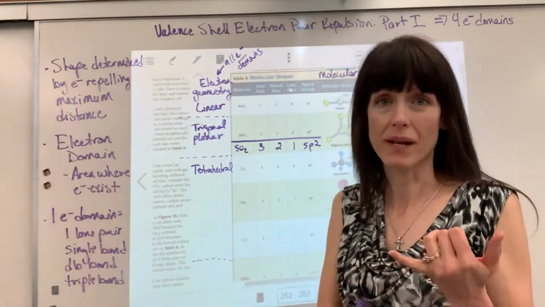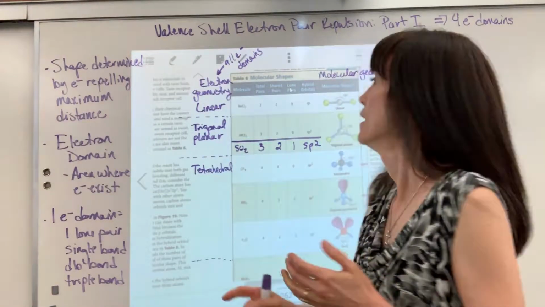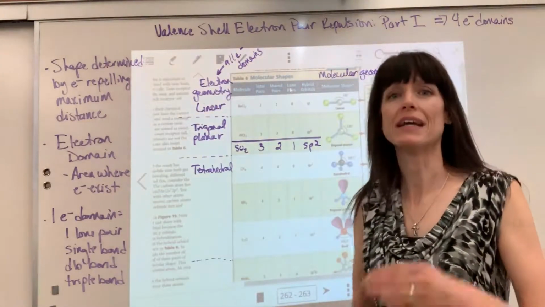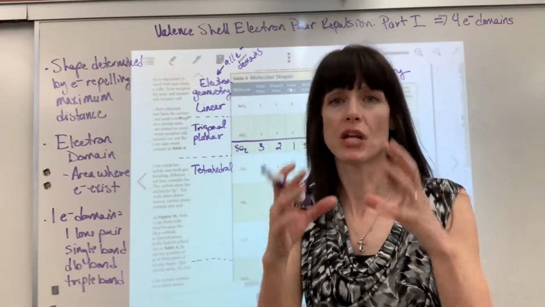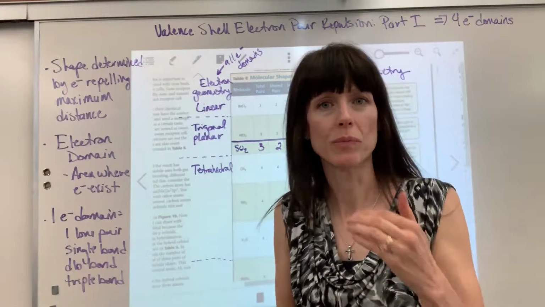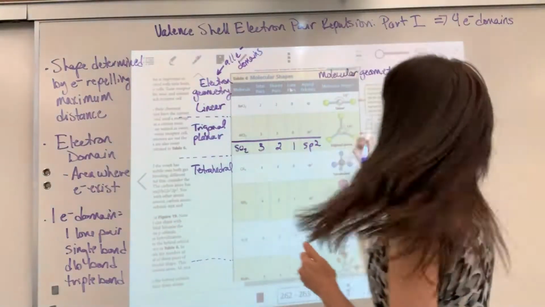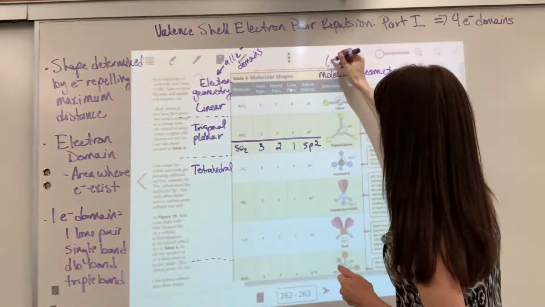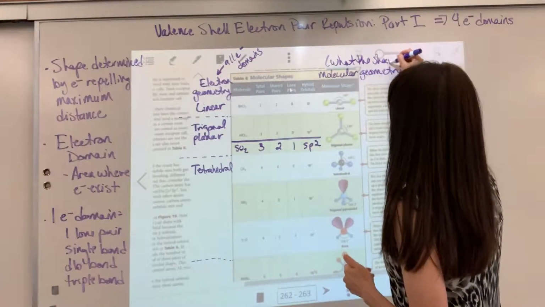That will include lone pairs and the bonds. Next, molecular geometry. If we could actually look at the molecule, this is the shape you would see. And here's what you have to know. We can't see lone pairs. I can't see 2 electrons sitting on top of the atom. So this would be what the shape actually looks like.